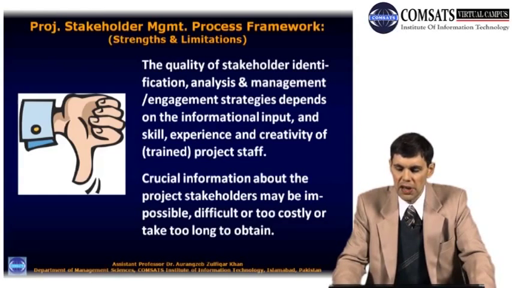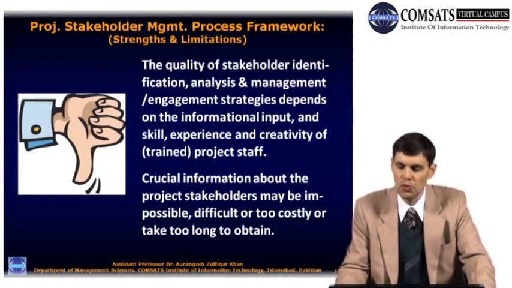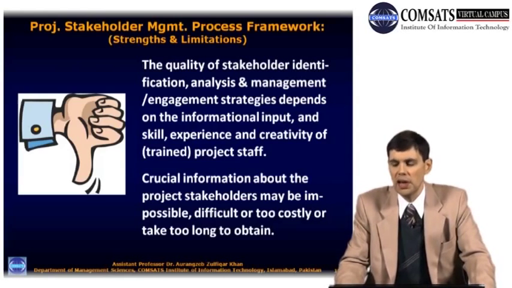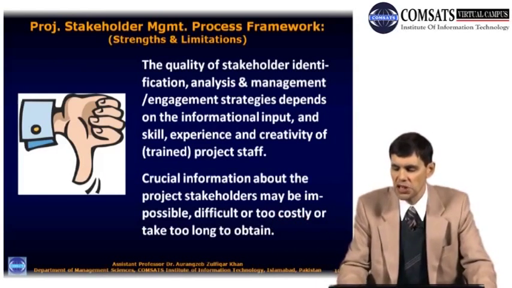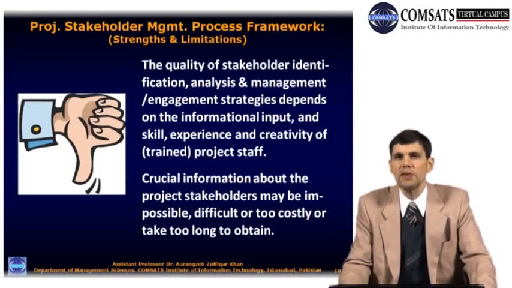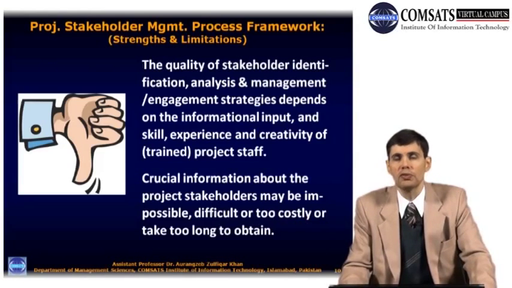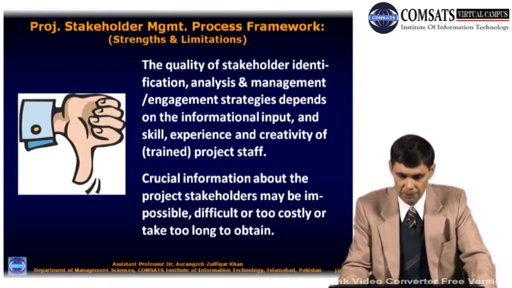What one needs really is information which can be used to properly manage and engage project stakeholders in a manner which brings benefits to the project. It's not about each and every piece of information. It's about very specific pieces of information relevant to the project stakeholders, and relevant for how the project can benefit therefrom.